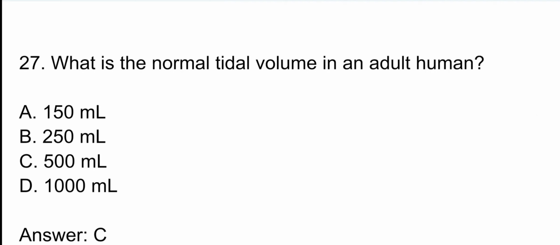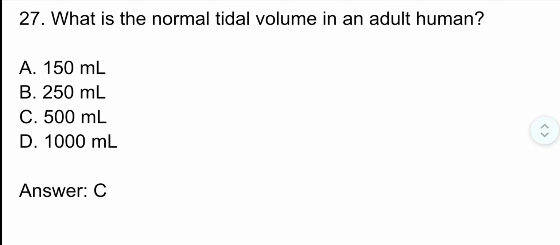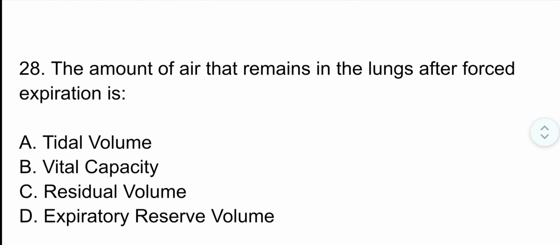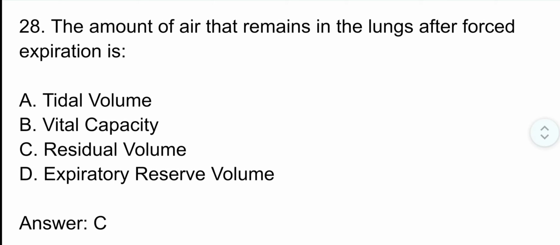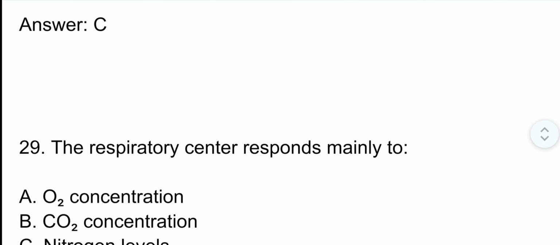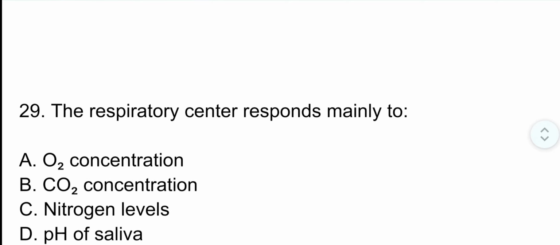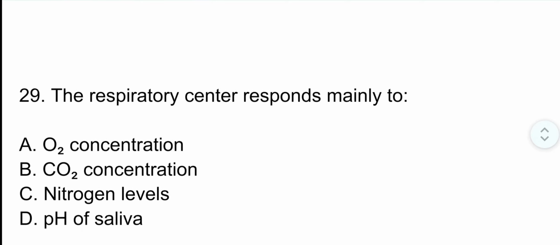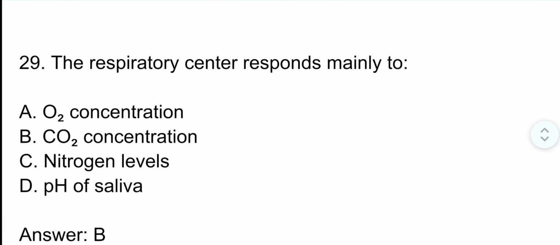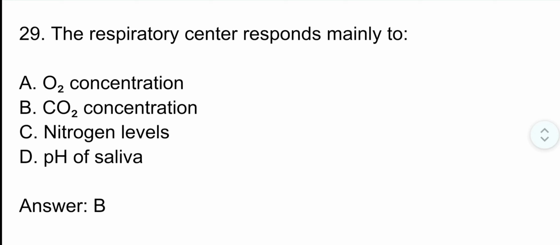The correct option is option C, 500 ml. Question number 28. The amount of air that remains in the lungs after forced expiration is. The correct option is option C, residual volume. Question number 29. The respiratory center responds mainly to. The correct option is option B, CO2 concentration.